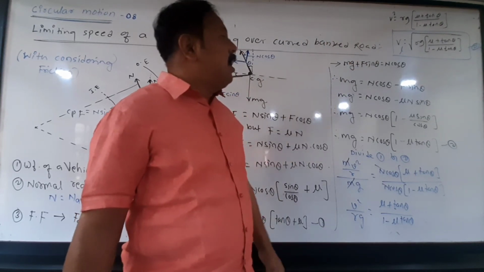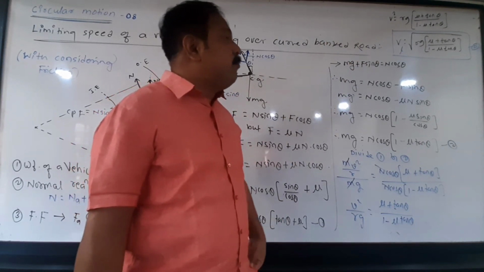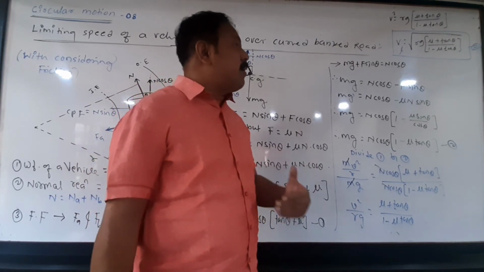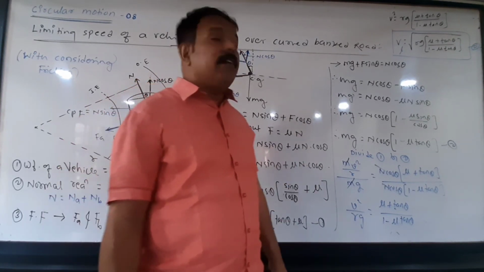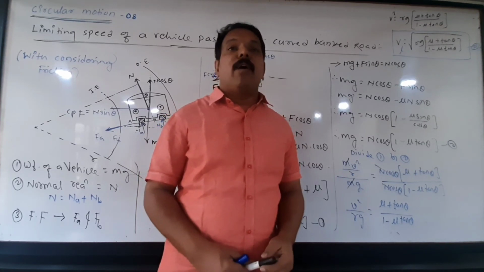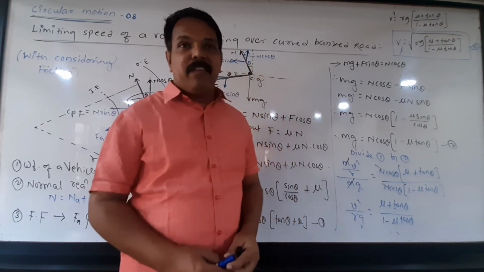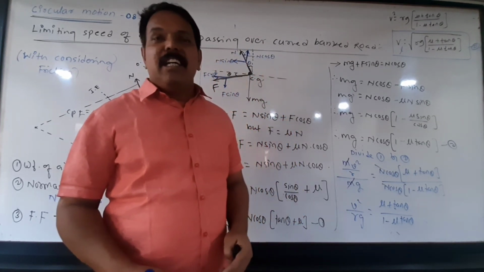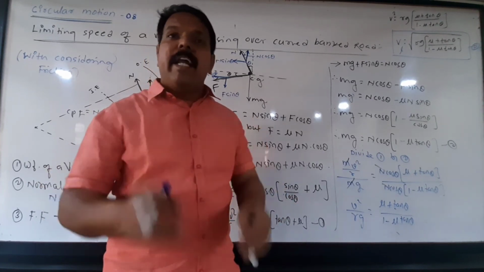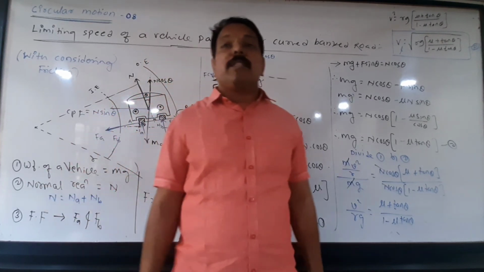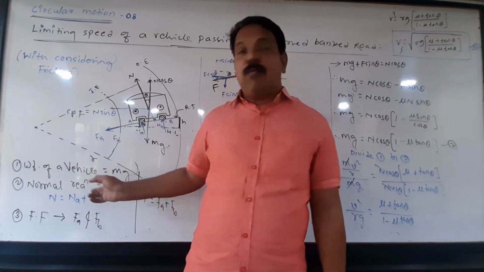What is the formula? Under root rg in bracket mu plus tan theta divided by 1 minus mu tan theta. This is a very important formula to solve the problem. Remember friends, these three formulas are very important. So many problems depend upon these.